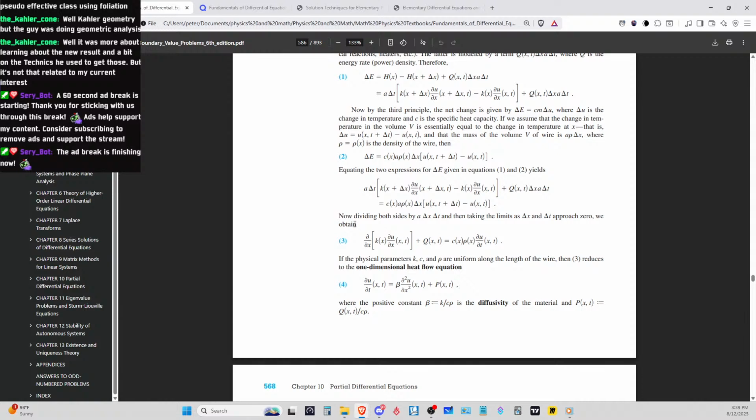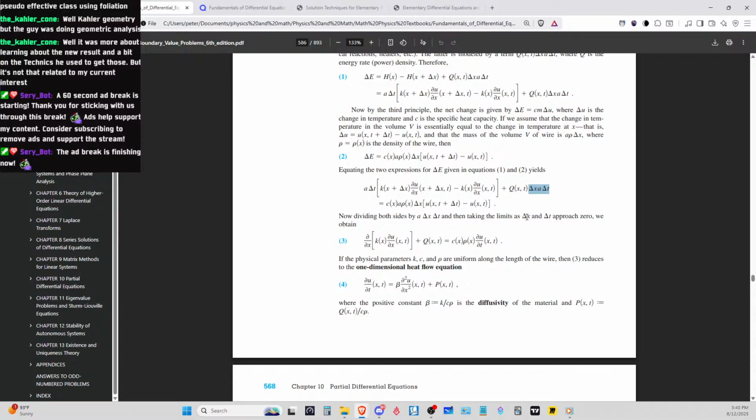That means now divide both sides by A, delta T, and delta X. Then get rid of delta x, delta a, and delta t.